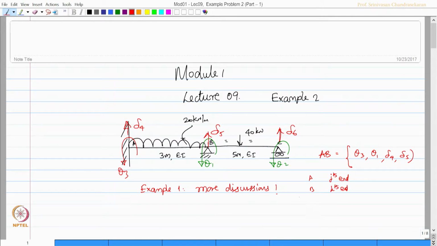Similarly, span BC will have degrees of freedom theta 1, theta 2, delta 5 and delta 6. B will be the jth end and C will be the kth end.